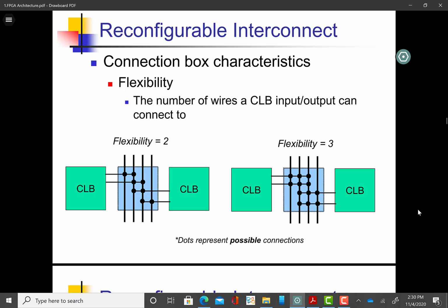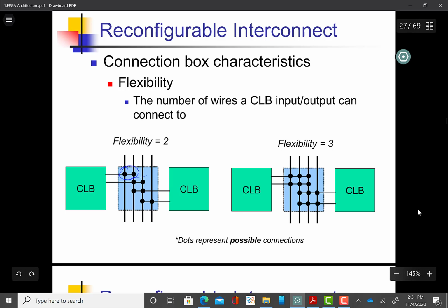The connection boxes are characterized by their flexibility, and we define flexibility as the number of wires a CLB input or output can connect to. So for example, in this case the flexibility is 2, because a single wire can connect to these two wires.